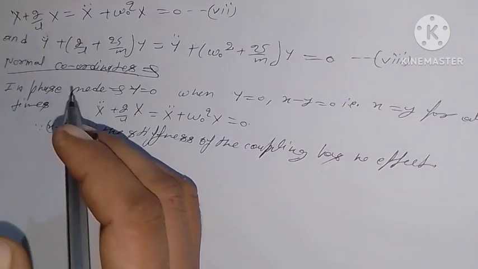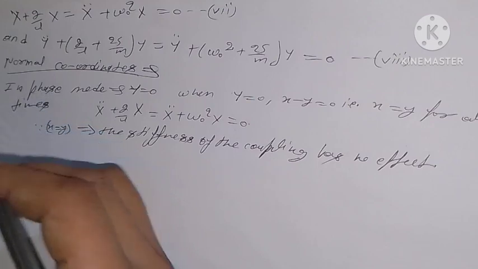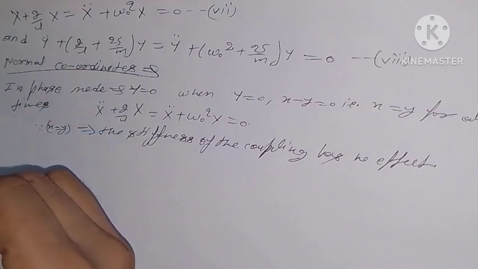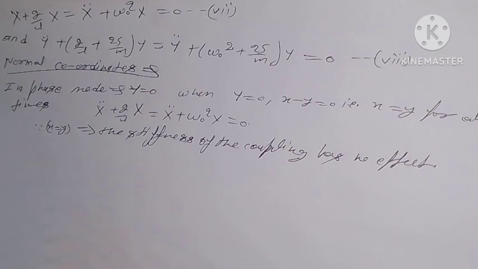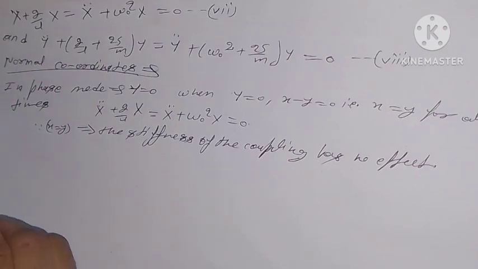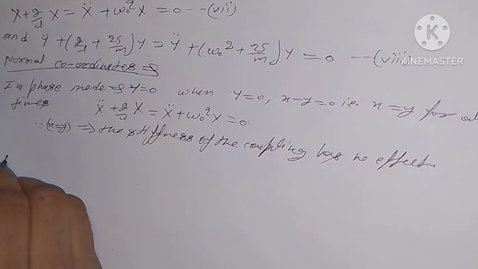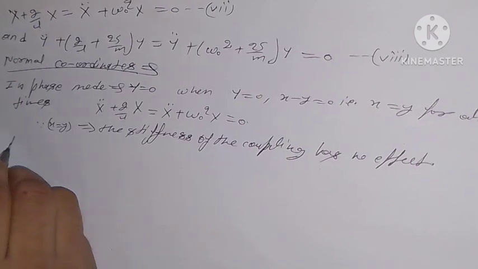The spring always remains at its normal length. The frequency of oscillation is the same as that of either pendulum in isolation.